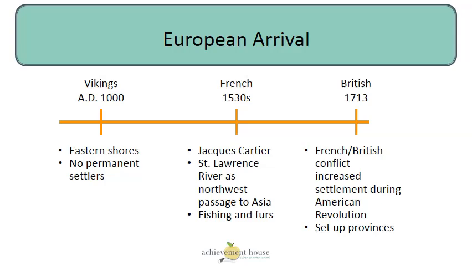The French arrived in the 1500s. They were looking for a shortcut from Europe to Asia. They used the St. Lawrence River as a northwest passage to Asia. The British arrived in the 1700s. There was a lot of conflict between the French and the British at this time. The British eventually set up the province system we know today in Canada.